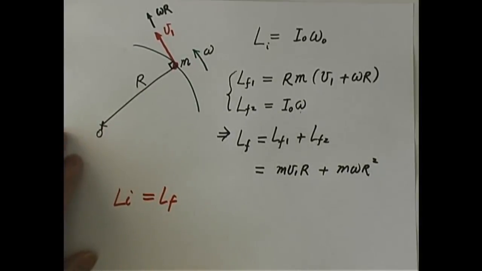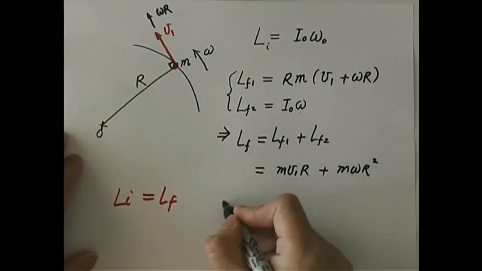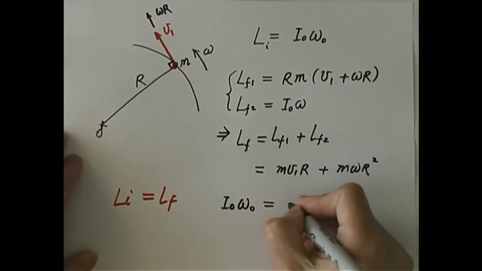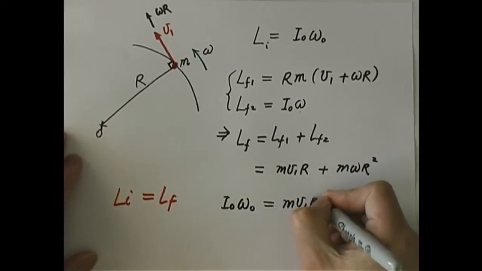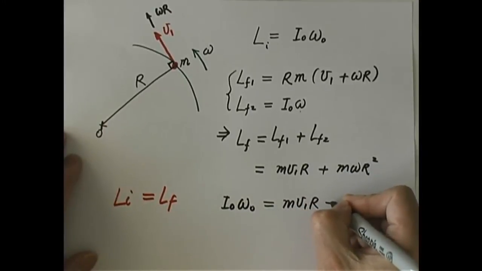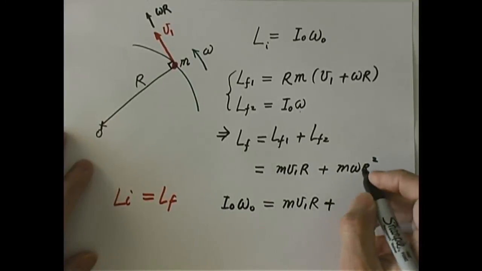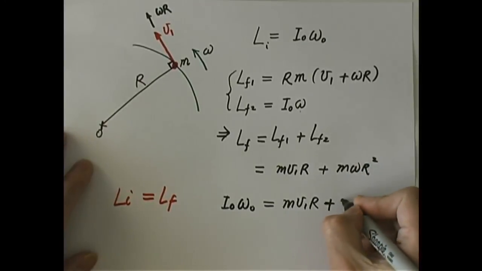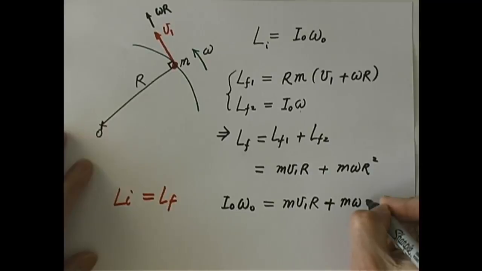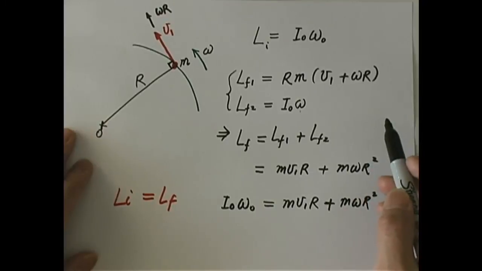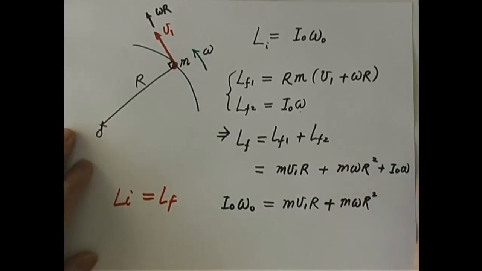Okay, then I have I0 omega 0 equals m v1 r plus m omega r squared. I forgot here to add I0 omega. Forgot to do that. So I0 omega.